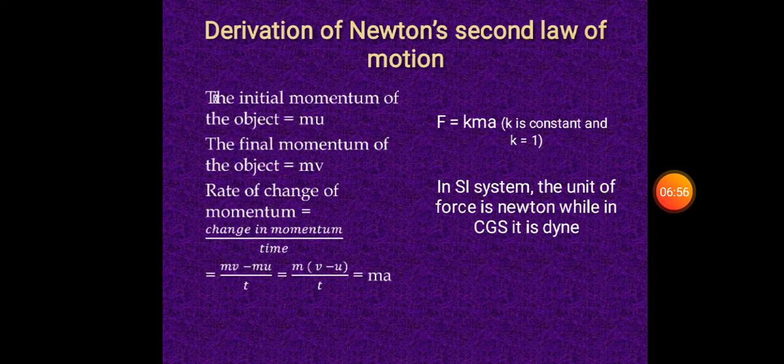In SI system, the unit of force is Newton, while in CGS it is Dyne. Remember, dear students, even though Newton is the name of the scientist, when we write down the unit, n will always be small in newton.